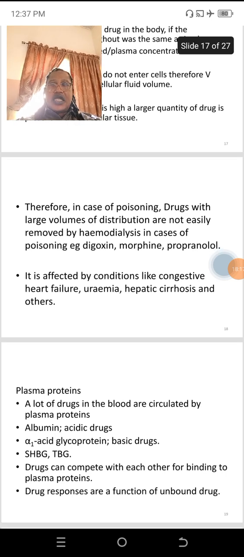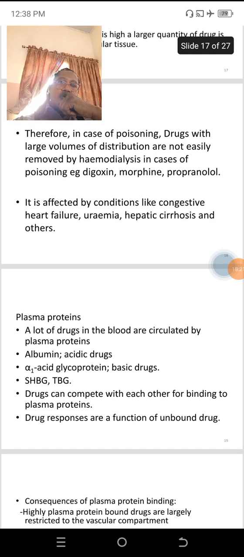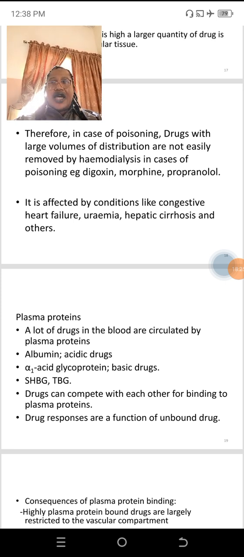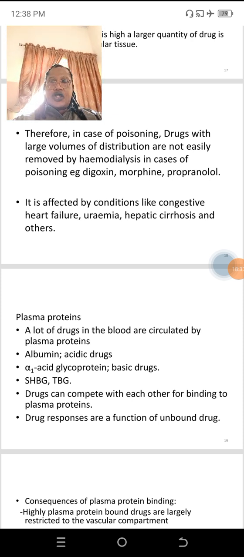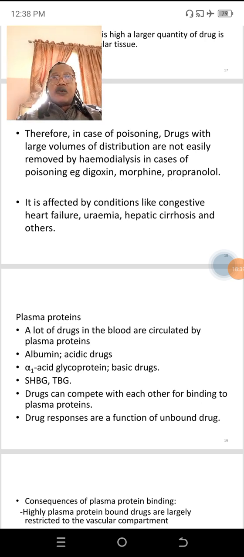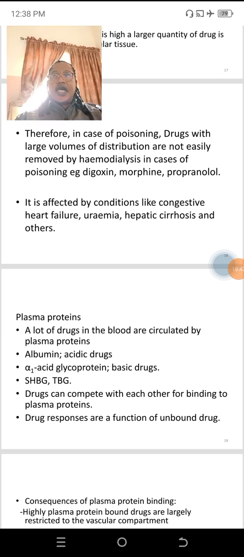One other thing that we need to know about drug distribution is the fact that a lot of drugs in the blood are circulated bound to plasma proteins. Some are bound by proteins in the blood, while some are bound by proteins in the tissues.